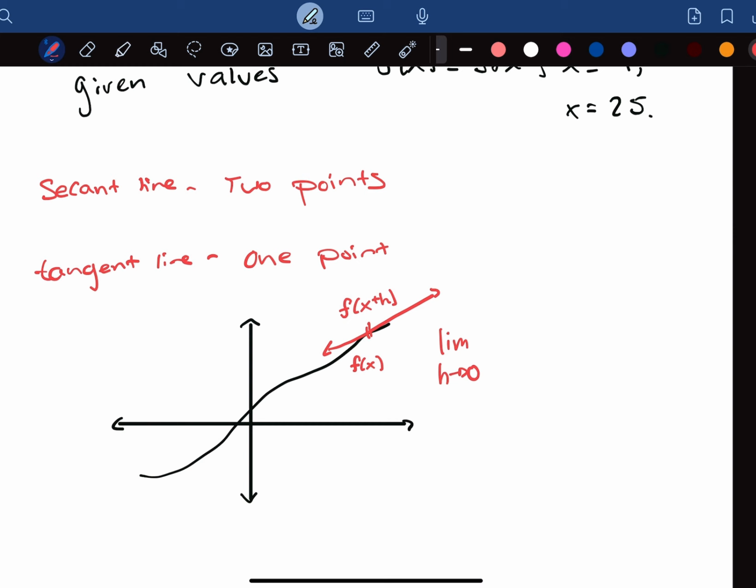So instead of f of x, we have f of x plus h. That's why the equation of our tangent line is the limit as h approaches 0 of f of x plus h minus f of x, all divided by h, where h is very close to 0 but never actually reaches 0.